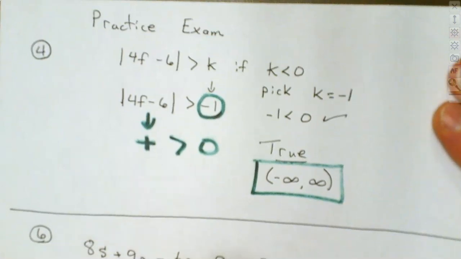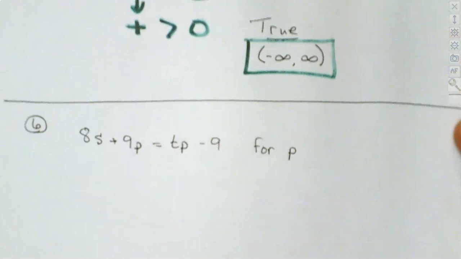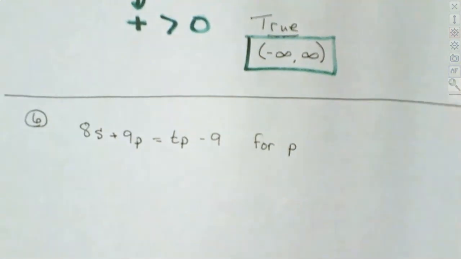And this we covered way back in 1.2. And this is a literal equation. Literal equations are equations that have more than one variable. And there's only one of these on your exam. And we need to solve this for a specific variable. What does it mean when I say solve it?